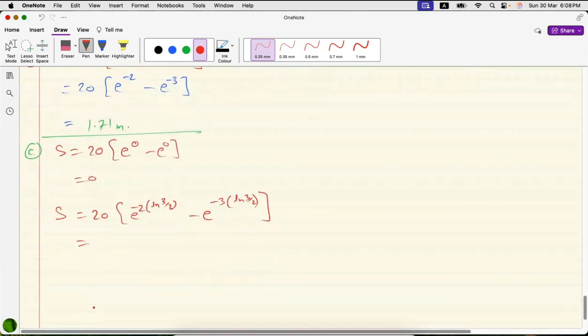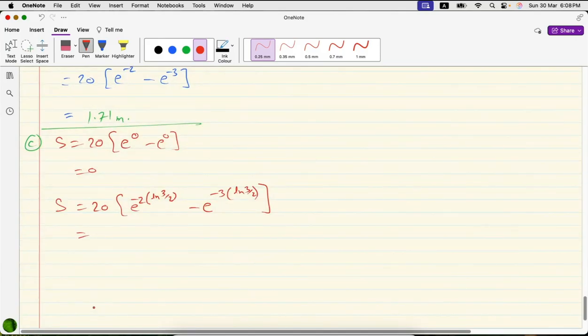I'm punching this in the calculator: 20 bracket e raised to the power minus 2 into ln 1.5, minus e raised to the power minus 3 into ln 1.5. I'm getting exactly 80 by 27, which is approximately, just for an idea, 2.96.